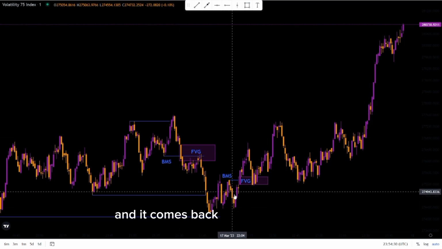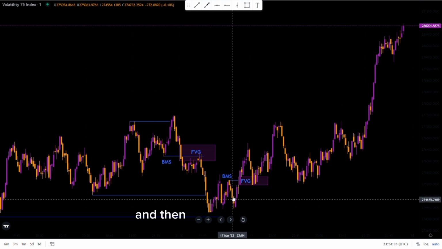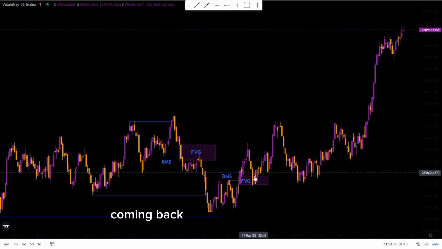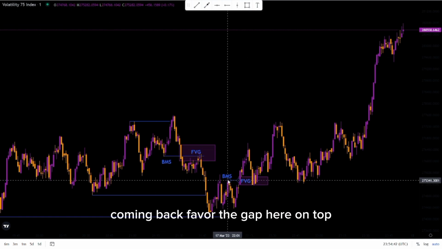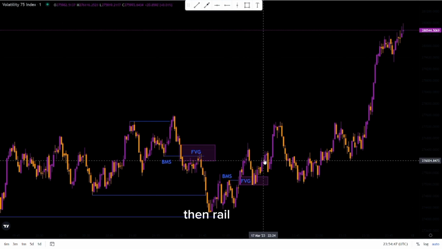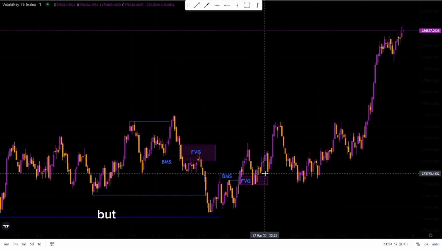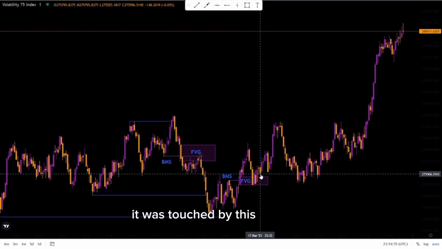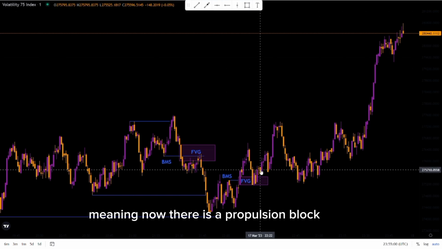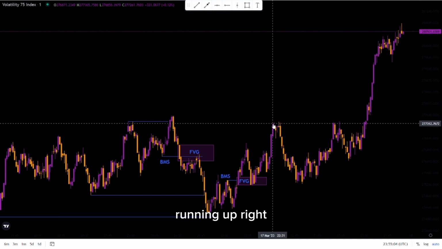Then it comes back, forms a higher low compared to this one here, and then the market moves up, breaking the structure. Coming back, fair value gap. Here on top, it's also a mitigation block, where the market hit, then rallied up. There's an order block here, but it was not touched by this, it was touched by this one. Meaning now there's a propulsion block there, and then the market went into it, rallying up.